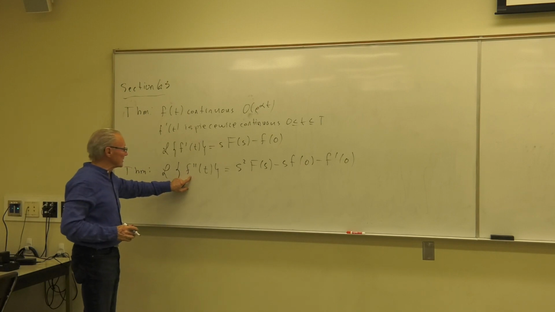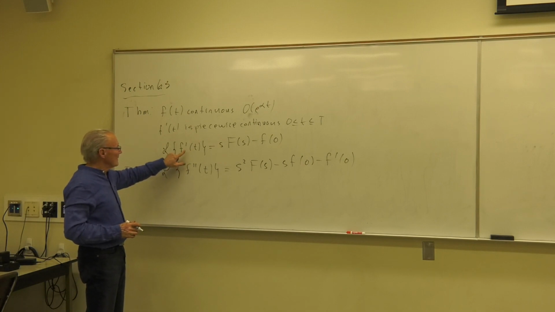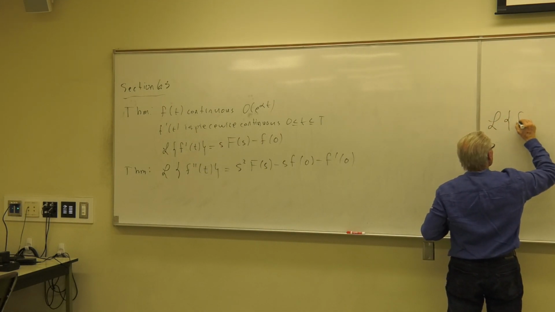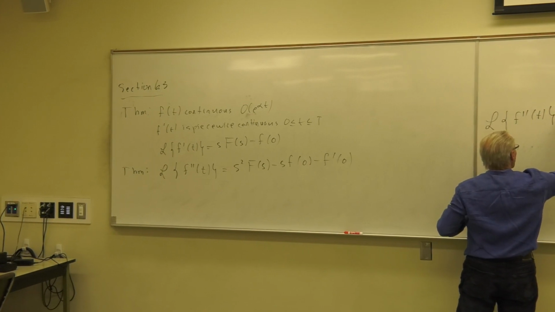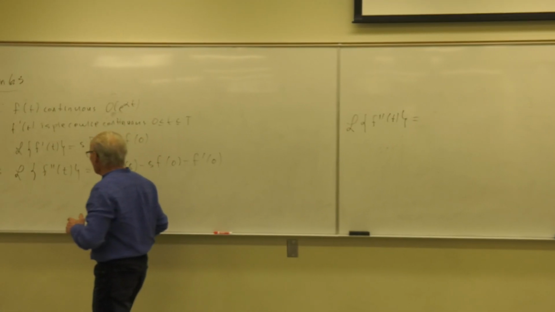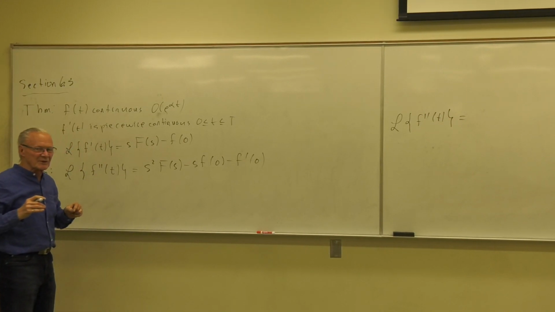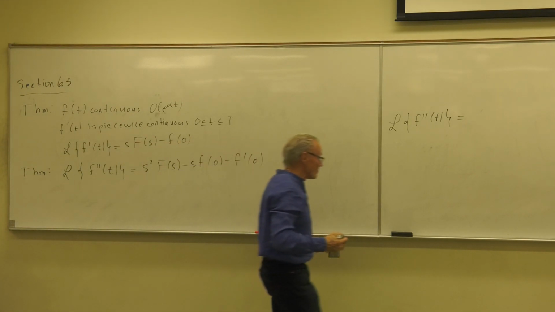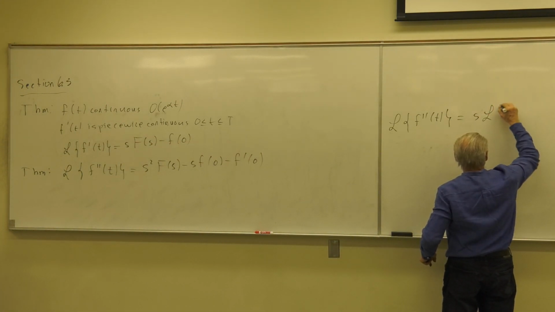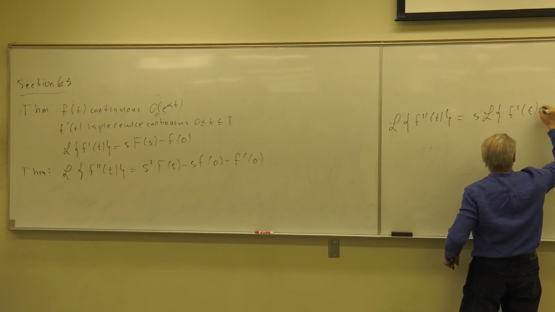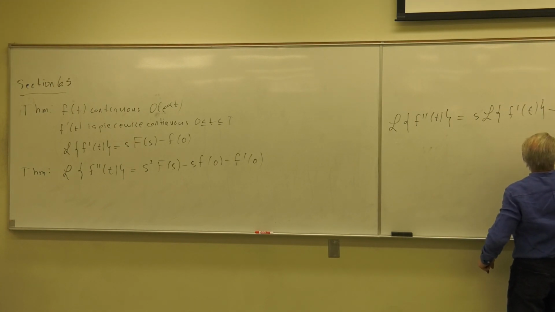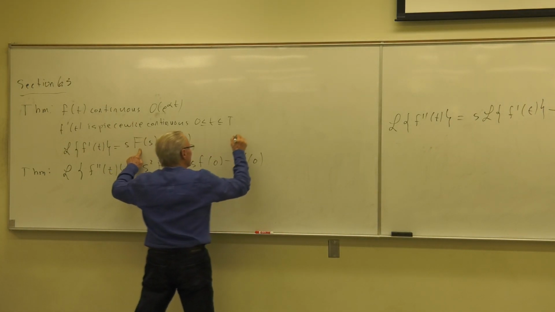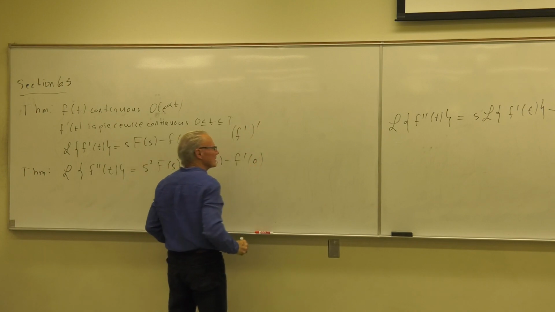This is relatively easy to prove, because we can prove it using the first-derivative formula. The Laplace transform of f double prime of t: the top line says you take s times the Laplace transform of f prime of t, and then subtract f prime of 0.